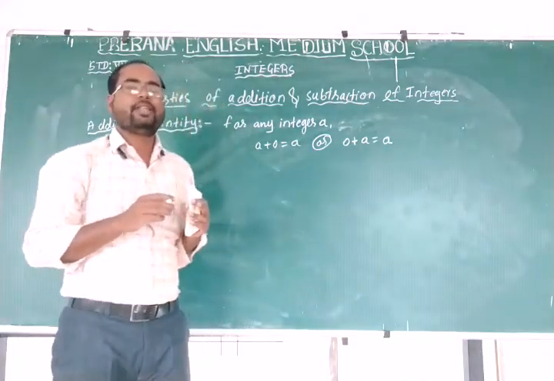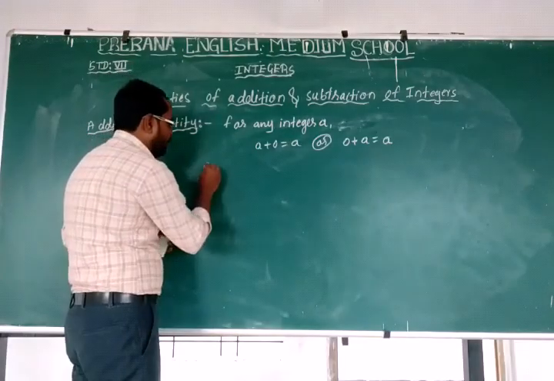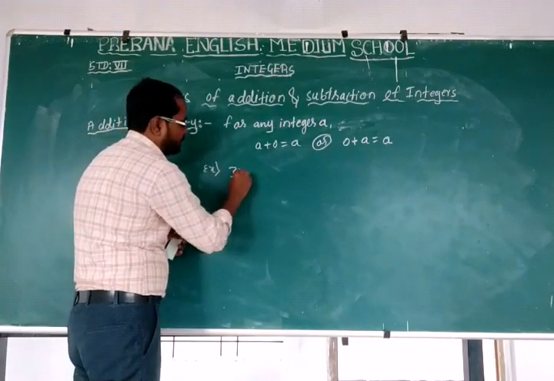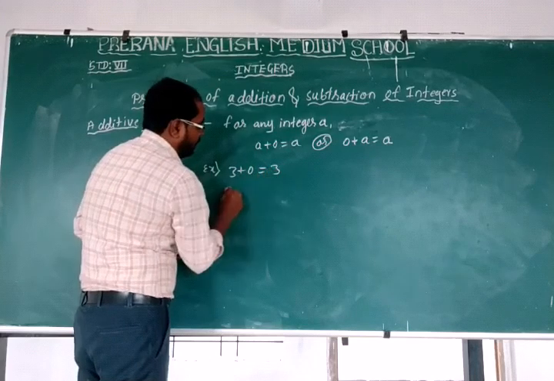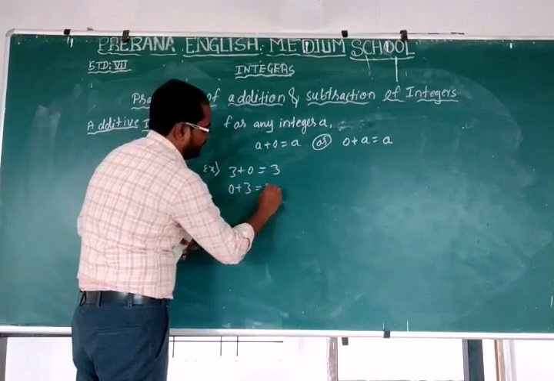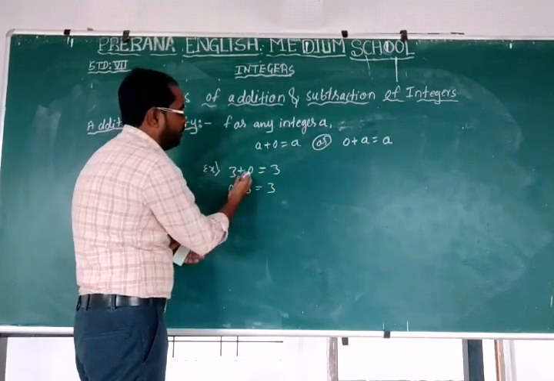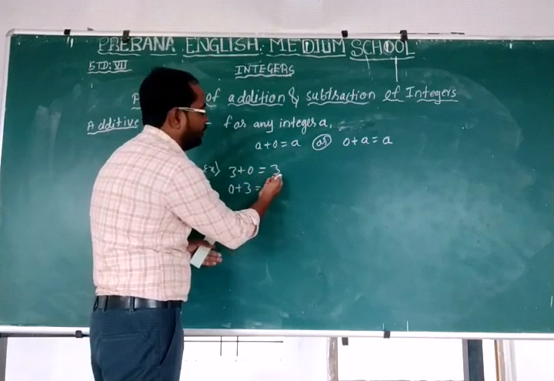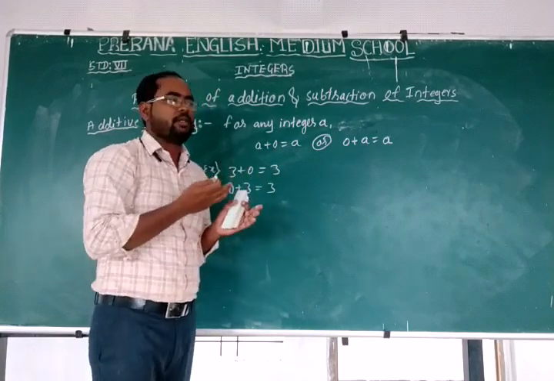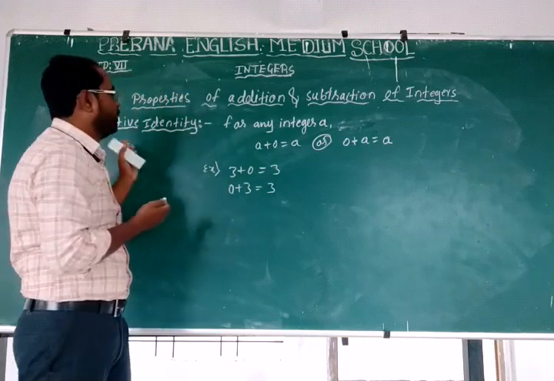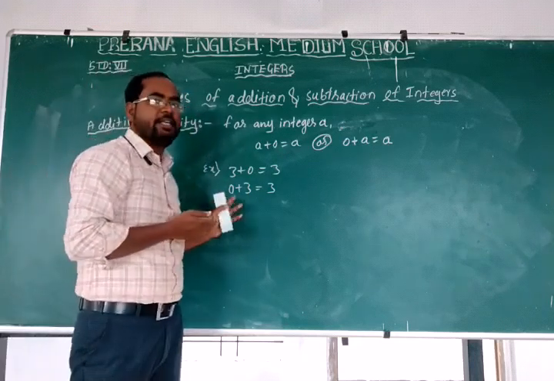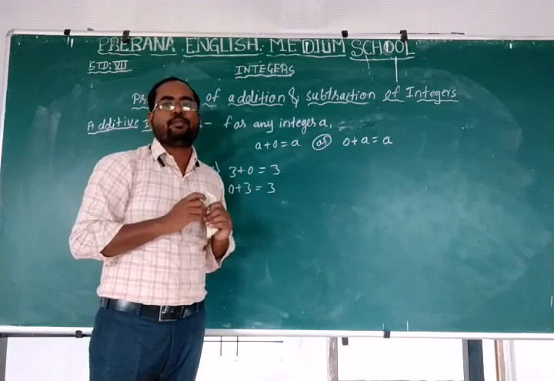For example, 3 plus 0 is equal to 3, or 0 plus 3, you will get 3 only. If you add any number with 0, the same number will come as the sum. So this is the additive identity.